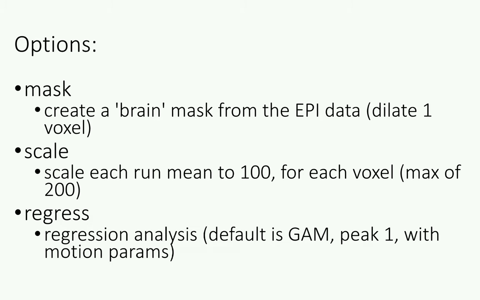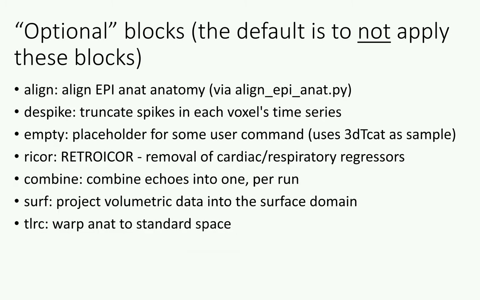Scaling is shifting the scale and warping the data so that when you put it into your regression, the beta weight will be a percent signal change. It's a nice feature if you're going to end up wanting to work with percent signal change. Regression, again, is a way of moving your time series data to a beta weight, and we'll handle that more in an upcoming lecture.